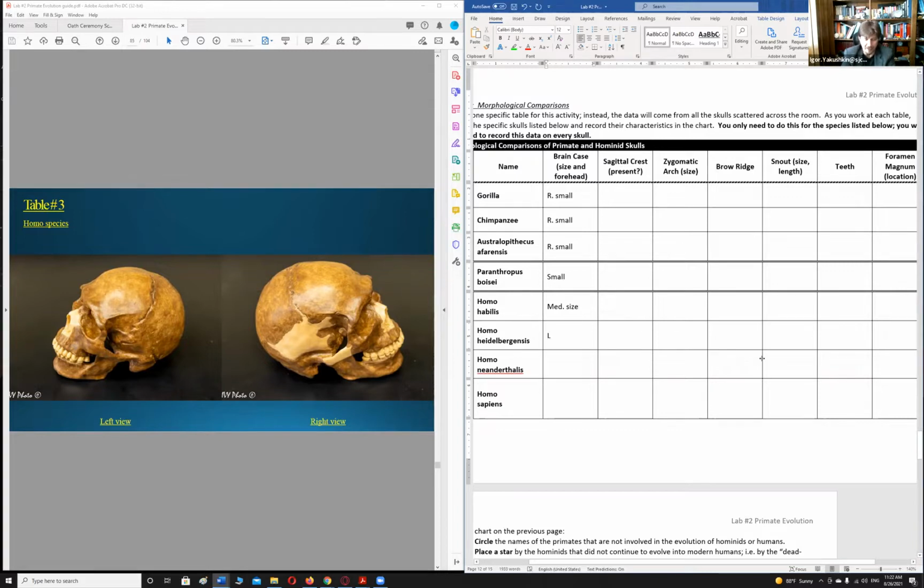Homo heidelbergensis large. Homo neanderthalensis very large, or the largest one. No, largest. That's good English grammar. Largest, large.